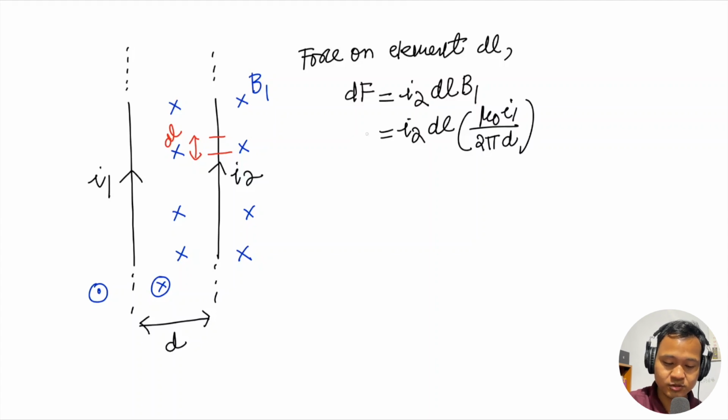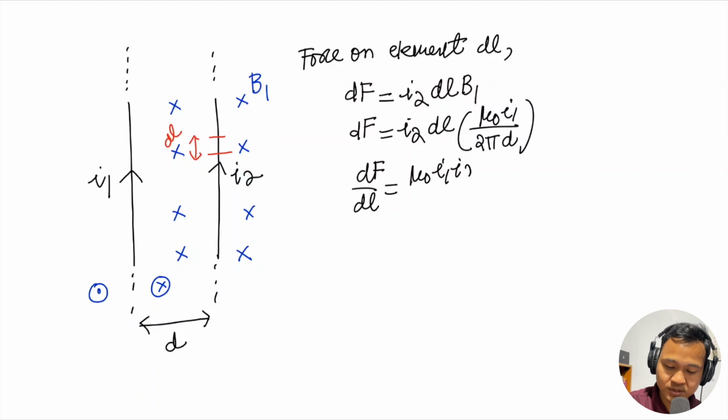So dF divided by dl is mu naught into I1 I2 divided by 2 pi d.